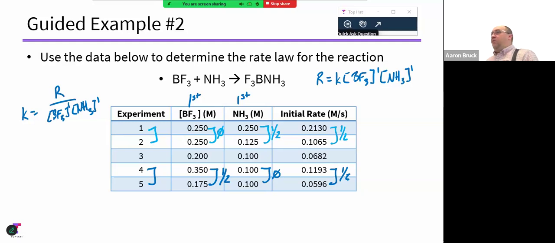I can choose any reaction run to do that calculation for me. Easiest, most convenient is usually just to stick with the first one. So 0.2130 molar per second divided by 0.250 molar and 0.250 molar.